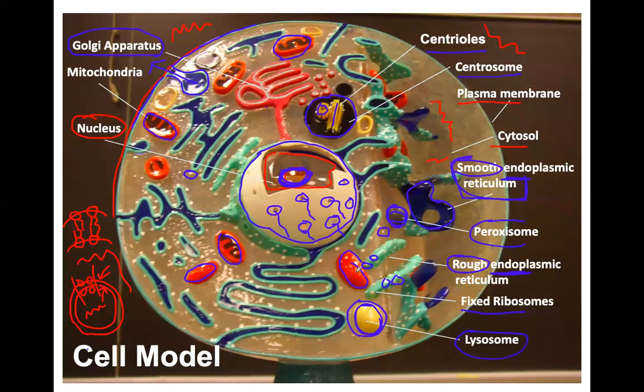So these mitochondria produce ATP, adenosine triphosphate. And that's because with the presence of oxygen, the oxygen can oxidize sugar or glucose and start to produce ATP.